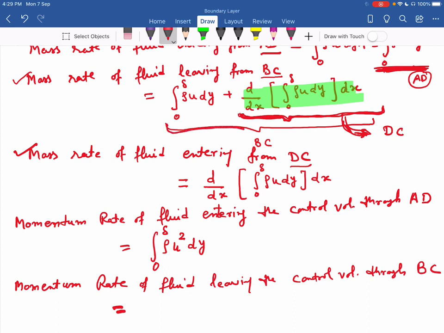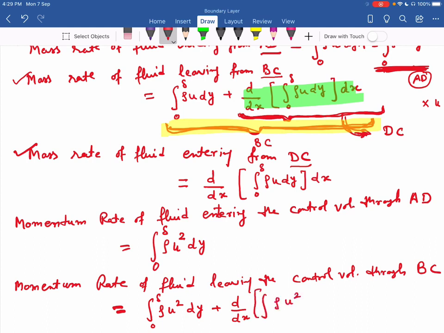This is the total part, marked yellow. It comes out to be the mass multiplied by the layer velocity, so I have to multiply this by small u. I can again write this as the integral of rho u square dy from 0 to delta, plus d by dx of the integral of rho u square dy, dx, from 0 to delta.